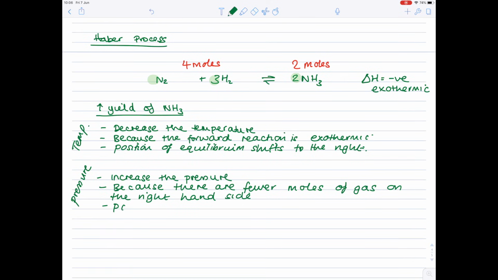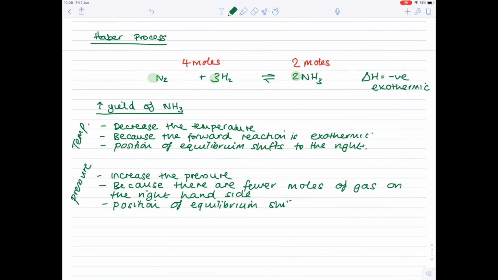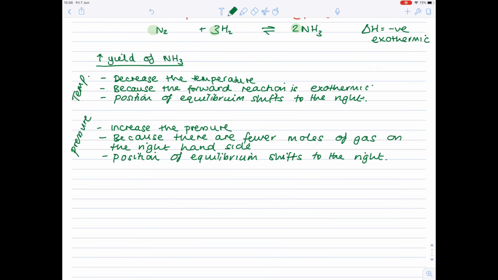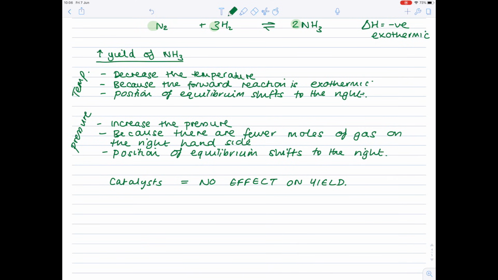And therefore the position of equilibrium shifts to the right. Notice that catalysts have no effect on yield. That's so important that you know that. All they do is increase the rate of both the forward and reverse reactions by an equal amount.